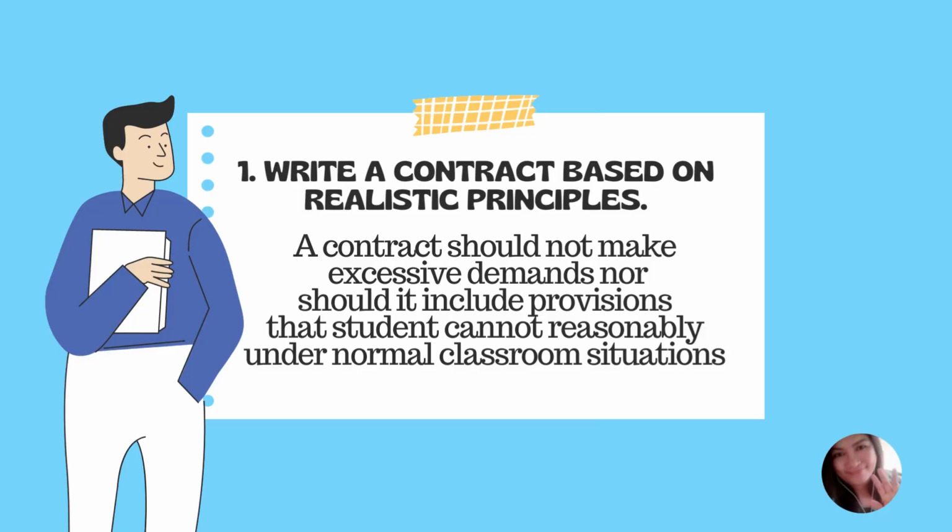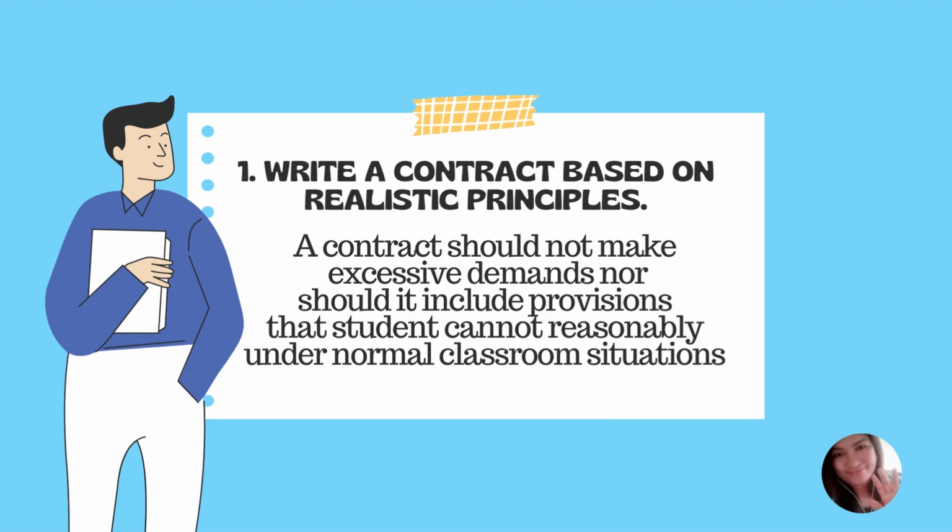In contingency contracting, the following should be considered. Number one, write a contract based on realistic principles. The contract should state in simple terms the behaviors required of the student and the levels of reinforcement for complying with the terms of the contract.